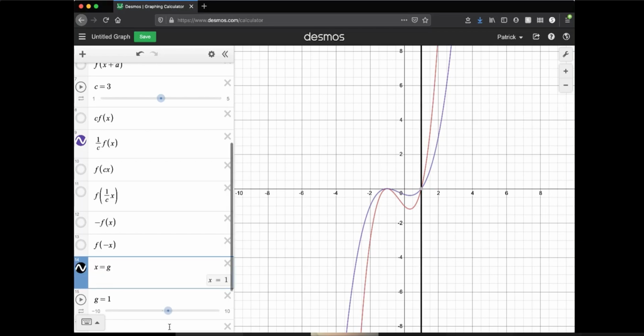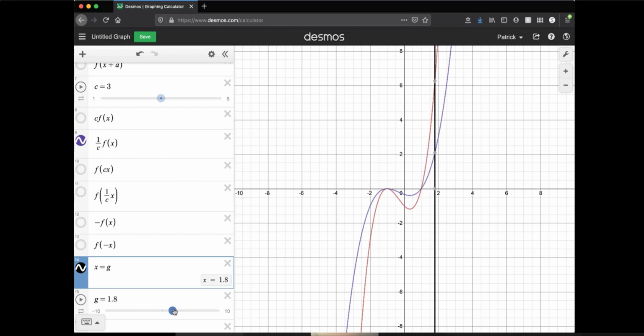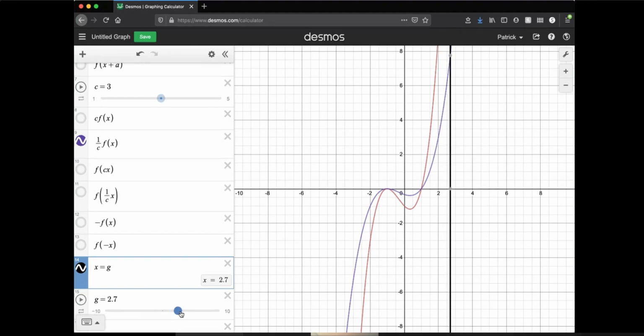X equals, cool. All right, so notice that as I move this vertical line across, the distance between the point on the red curve and the point on the purple curve is going to get larger, which means the red curve goes to infinity faster than the purple curve does.